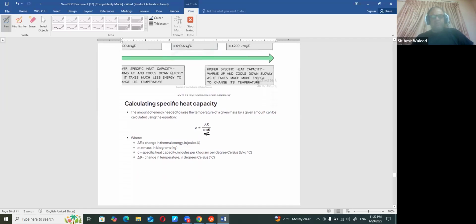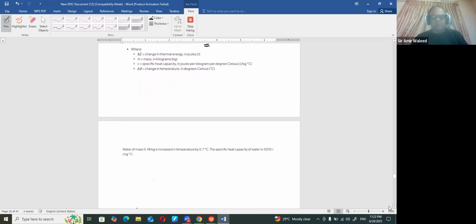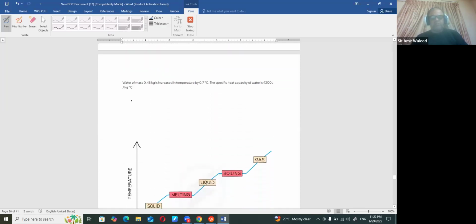So if you calculate it, this is the formula you have. Delta E means the amount of heat energy. Here they give it as delta E, which is the change in energy. m is the mass, and delta T is the change in temperature in Celsius. So the important part is this one. Now, the water has a mass of 0.48 kg, and the temperature increases by 0.7 degrees Celsius.